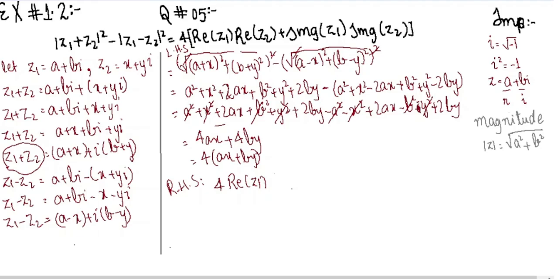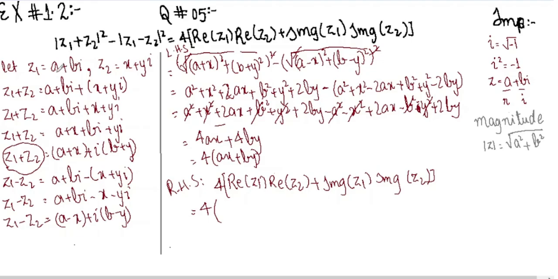Okay, we are going to do our solution accordingly: 4 into the real part of z1 into the real part of z2 plus the imaginary part of z1 into the imaginary part of z2.